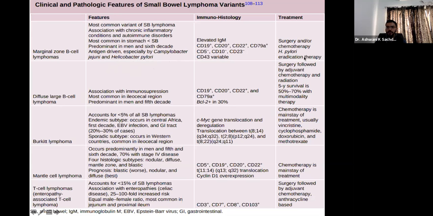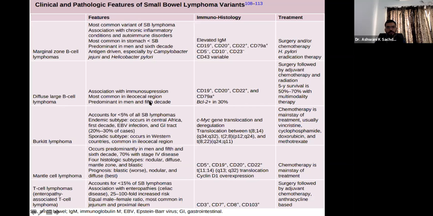Surgery and/or chemotherapy can be given. Surgery is usually limited to when symptoms develop, and H. pylori eradication therapy is used for treatment.